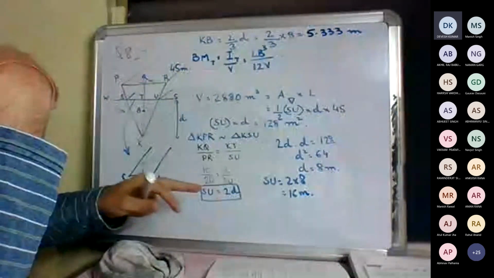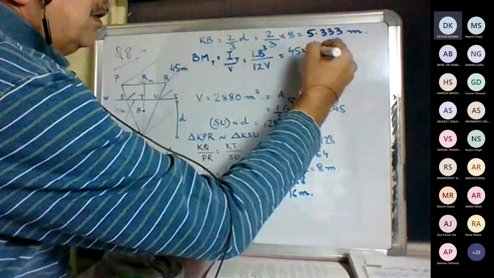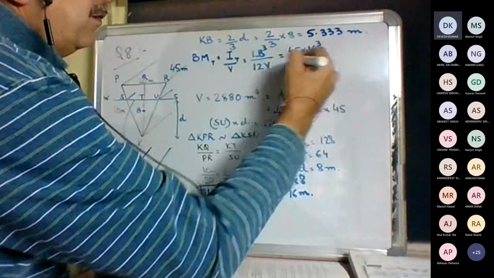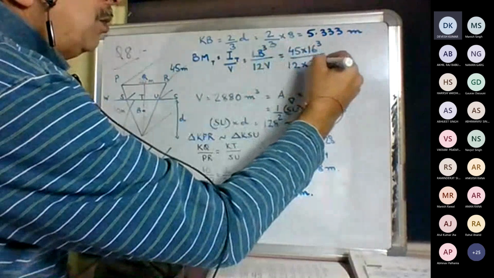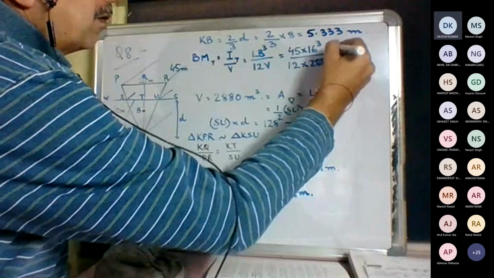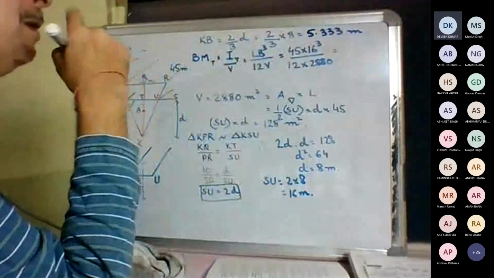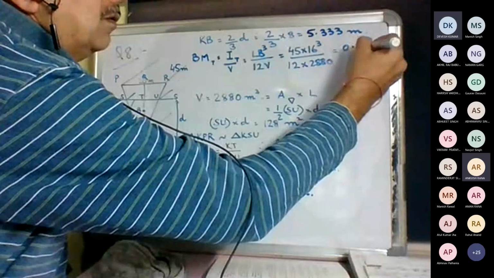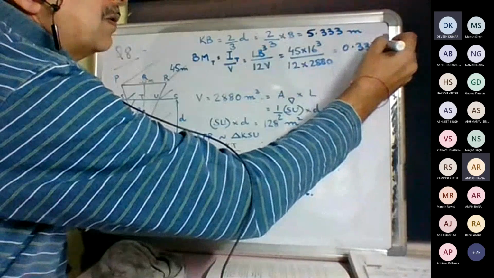So SU is the breadth, which is 16 meter. Length is 45, into 16 cube divided by 12 into underwater volume 2880. So find out BMT: 0.333 meters.